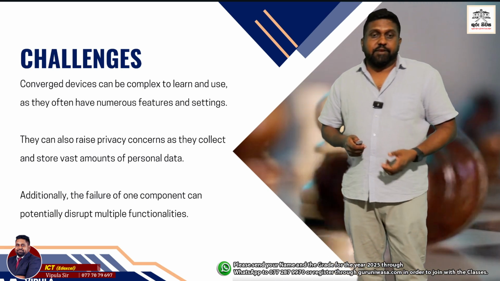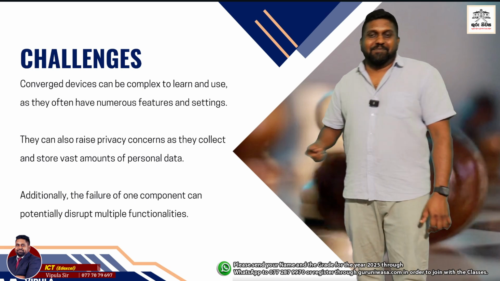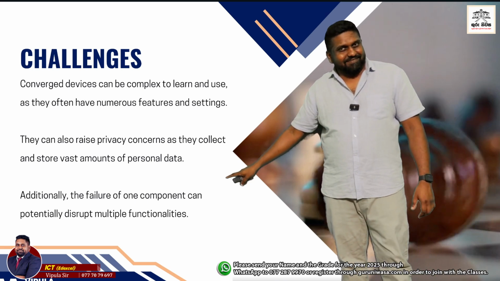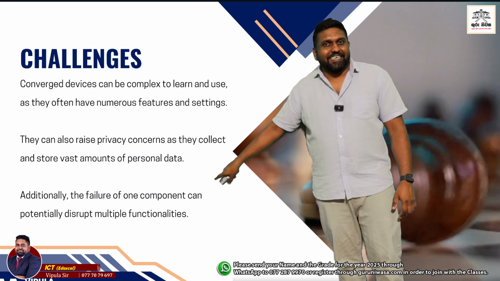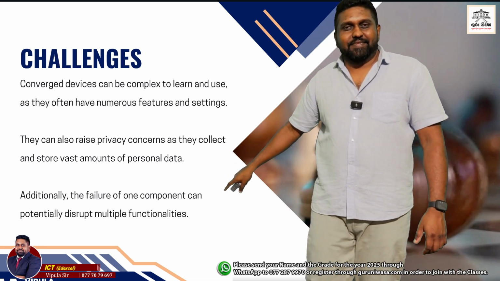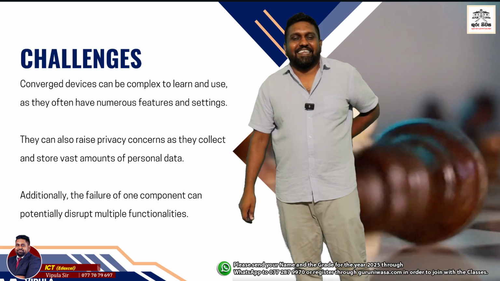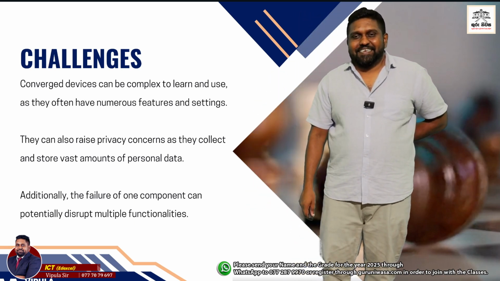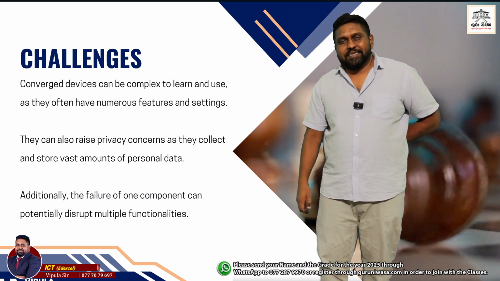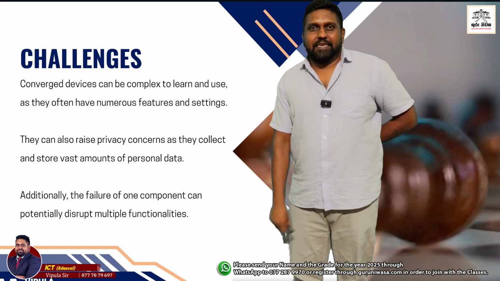Okay, and also the next most important point: since we have so many components connected, if one component fails, everything goes off. An example is, this is actually one of the major reasons I still haven't bought an electric vehicle.